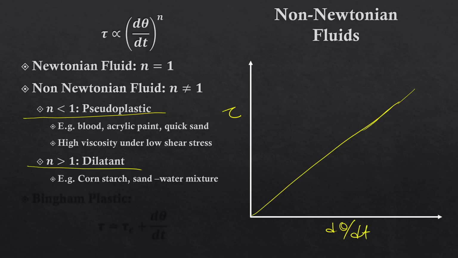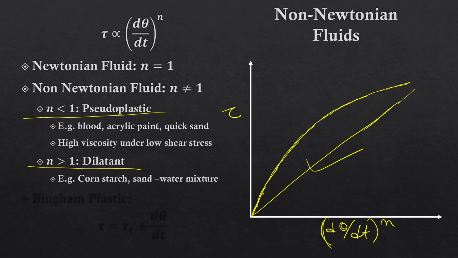If n is less than 1, then as shear stress increases, for lower values of shear stress the strain rate will be greater, but as stress increases, the strain will increase at a greater rate.